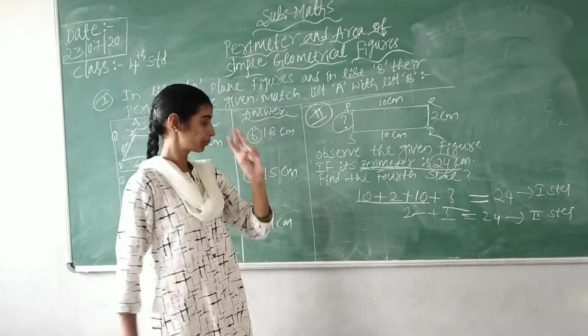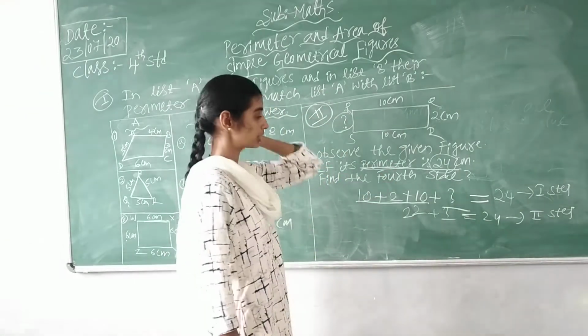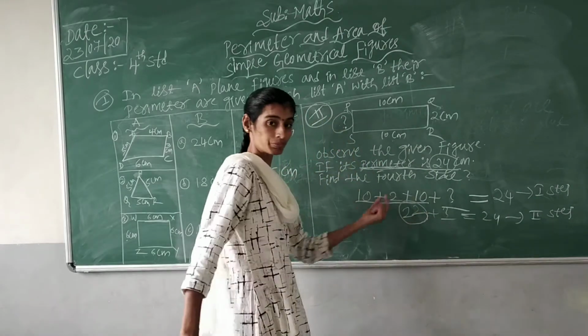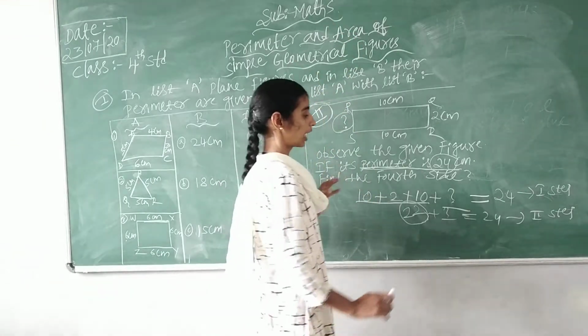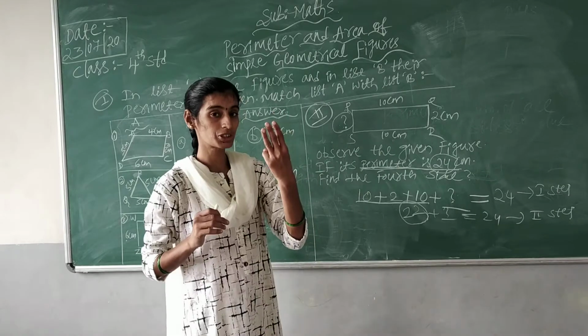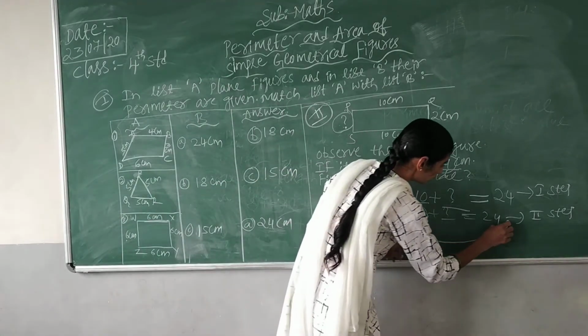Next, the third step: shifting the LHS to the RHS. You have to shift the LHS value. LHS is left hand side, RHS means right hand side. So the third step, children: shifting the LHS value to the RHS.